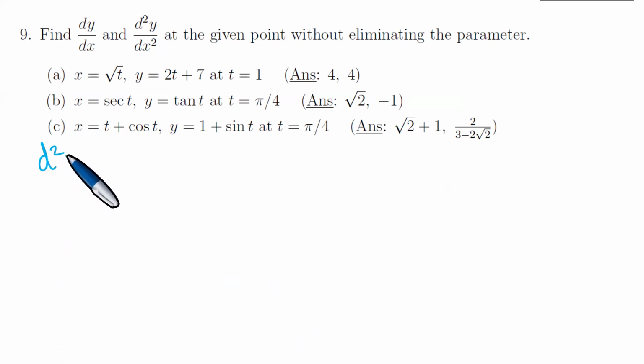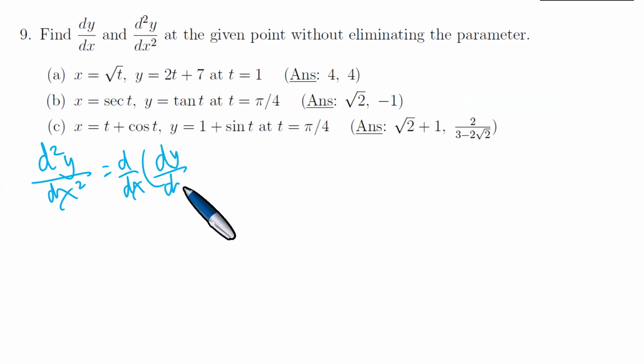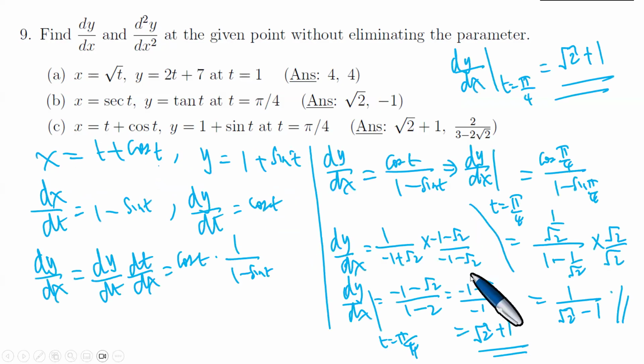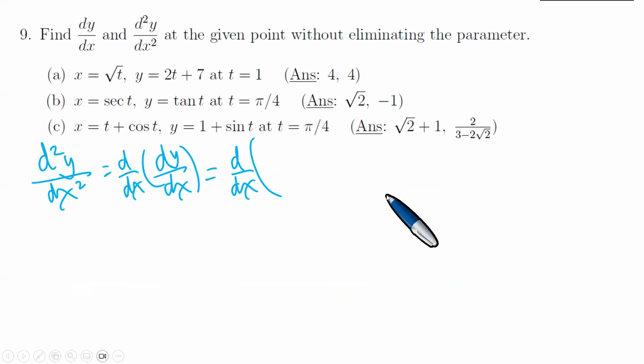So now you have d squared y dx squared, which is d dx of dy dx. What is dy dx? Okay, dy dx is cosine t divided by 1 minus sine t.